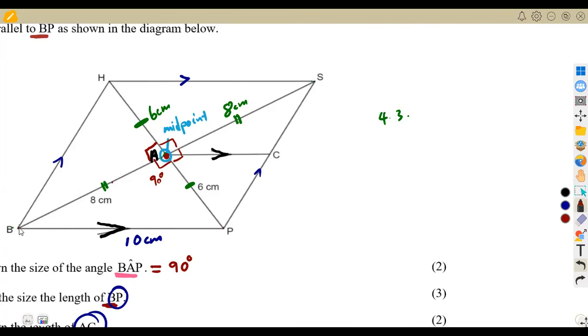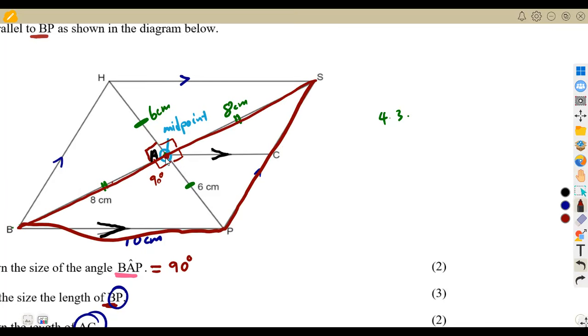So considering triangle BSP, this triangle.